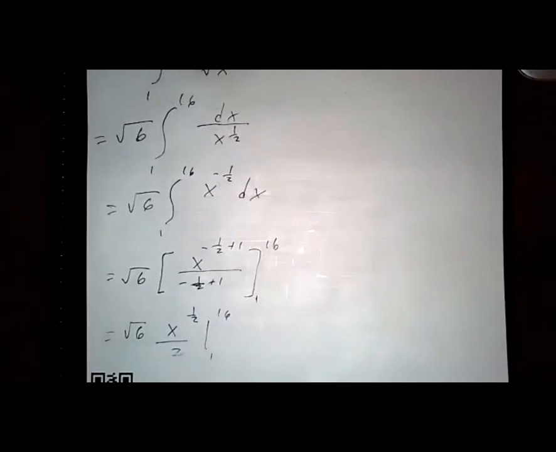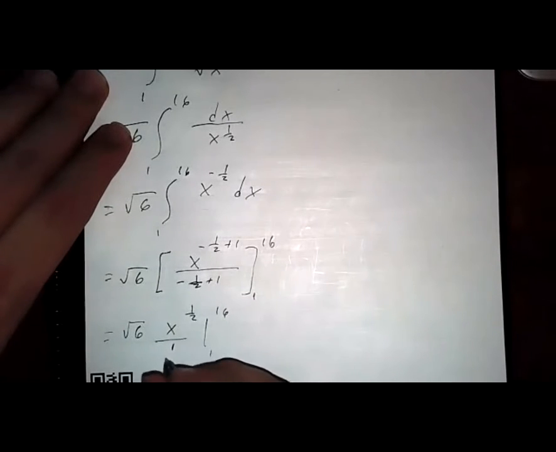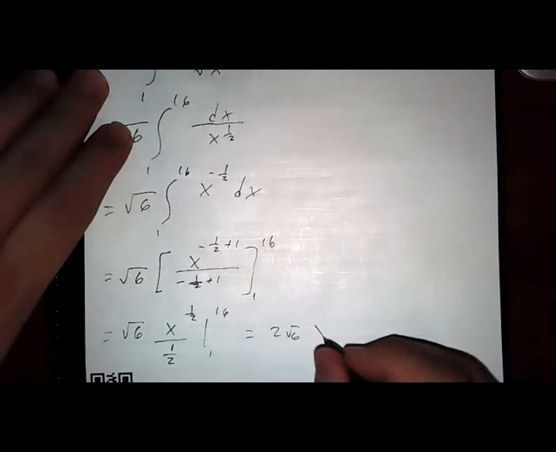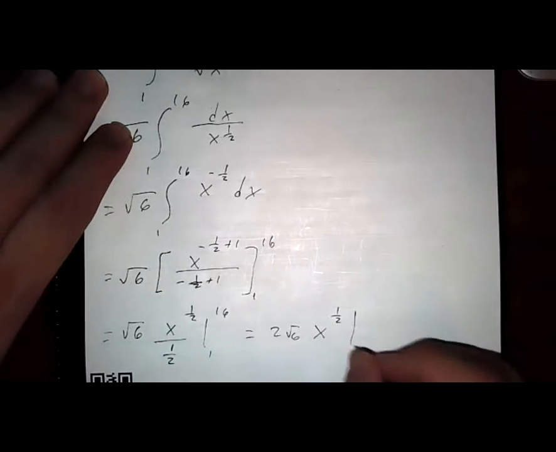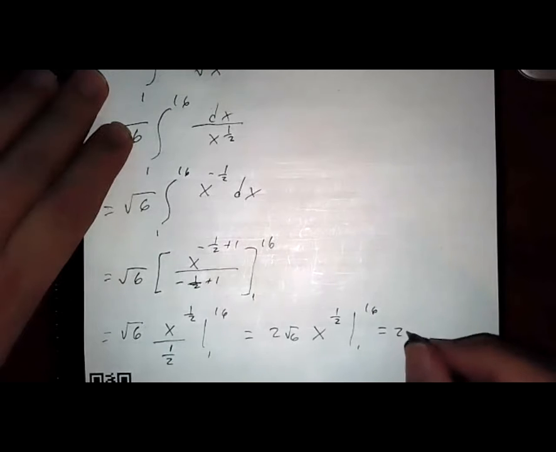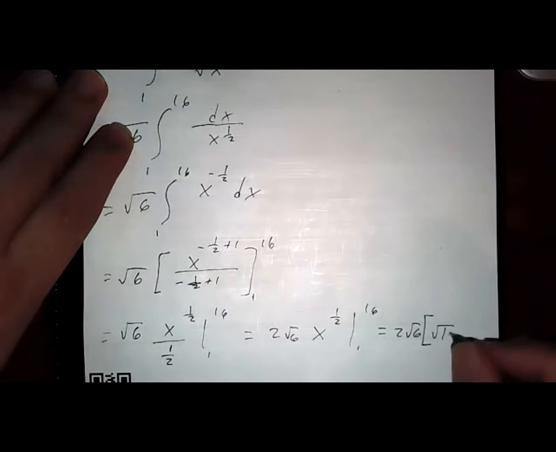Dividing by a half would get us to 2 root 6 x to the 1/2 from 1 to 16. So that will be 2 root 6 times square root 16 minus square root 1, right?